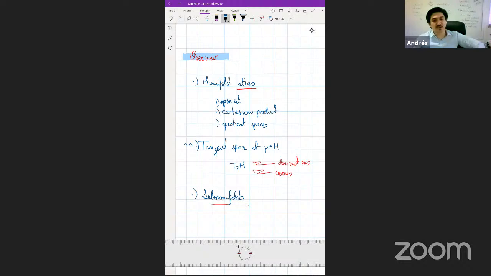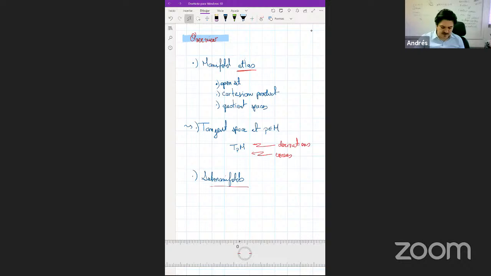We managed to see the torus, the Klein model, and so on. Right, so we managed to talk about some manifolds.